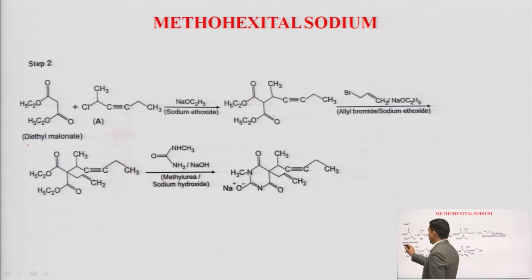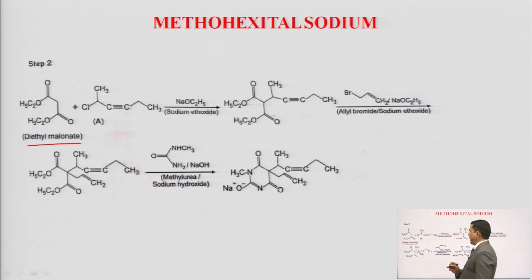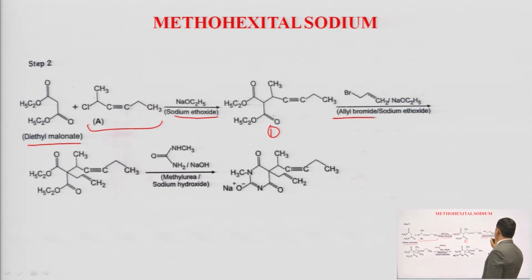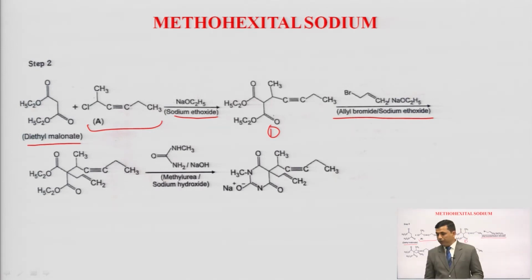Here, diethyl malonate and the product obtained from the first step, 2-chloro-hex-3-yne, in the presence of sodium ethoxide, will convert into the first intermediate, and in the presence of allyl bromide and sodium ethoxide, it will convert into the second intermediate.